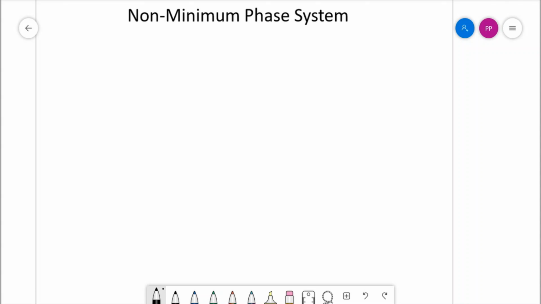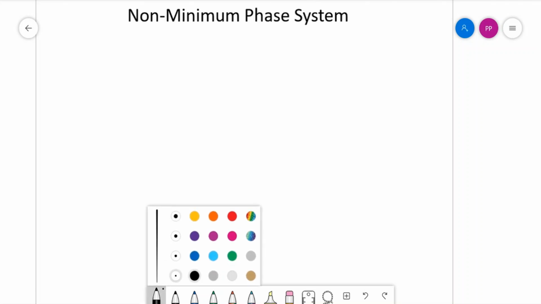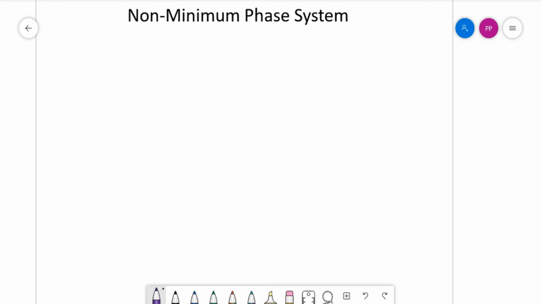Now we'll see how the non-minimum phase system will look. Let us understand first what is a non-minimum phase system, because we're speaking about systems that should have stable poles. In a non-minimum phase system, the system should have stable poles with at least one zero in the right half of the S-plane, and such a system will define a non-minimum phase system.